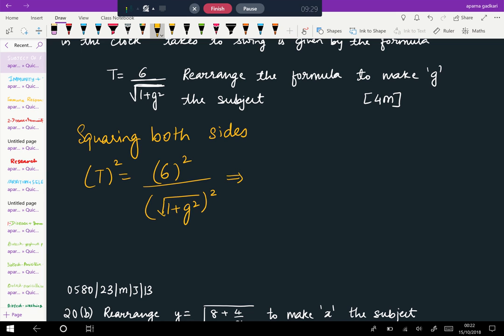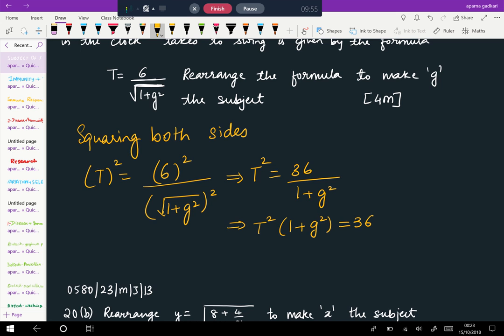Therefore we get t square equals 36 divided by square root of 1 plus g square, the whole square, is 1 plus g square. So further what do we get? We get t square into 1 plus g square equals 36.